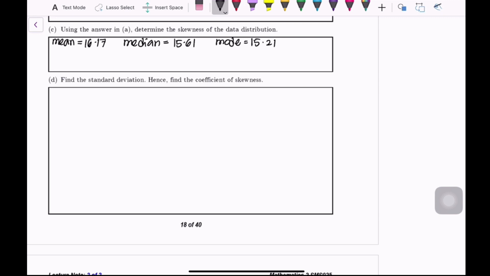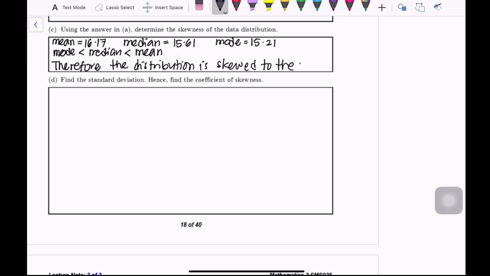From these values, we can write that mode is less than median is less than mean. Therefore, the distribution is skewed to the right.